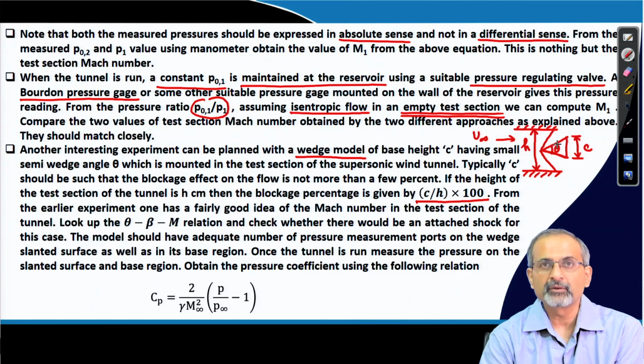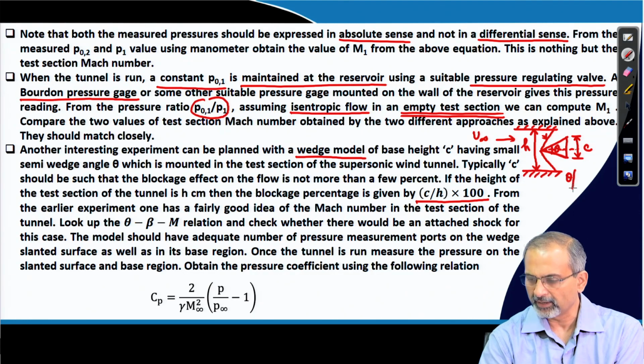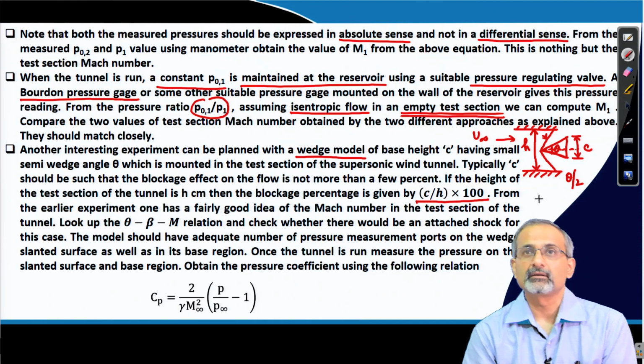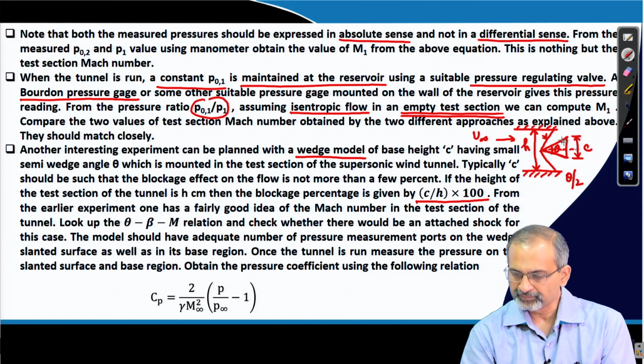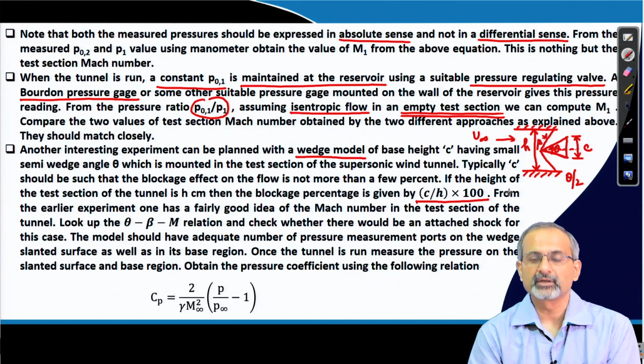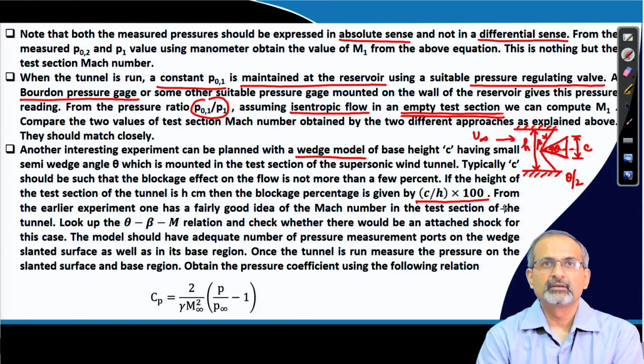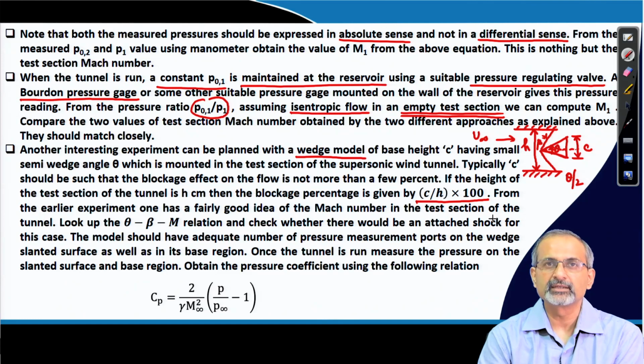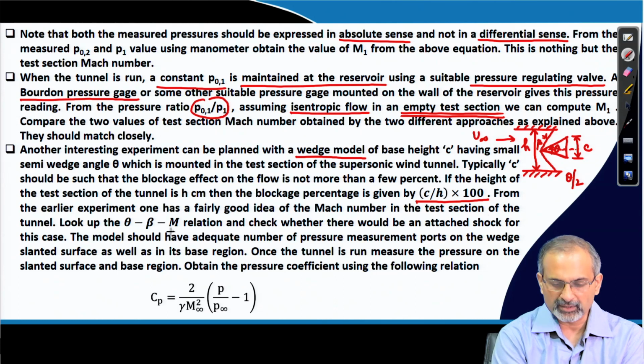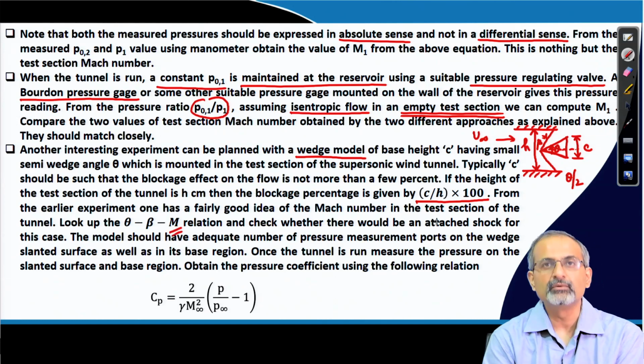So, you have information about the theta, and you can derive information about the beta. Ideally, you should be using the value of theta by 2, because that is the compression angle, and the deflection of the flow, which is the beta that we are talking about, and from the theta-beta-M relation, if you have an attached shock, you should be able to get what the Mach number is. But then how would you really be able to obtain that?